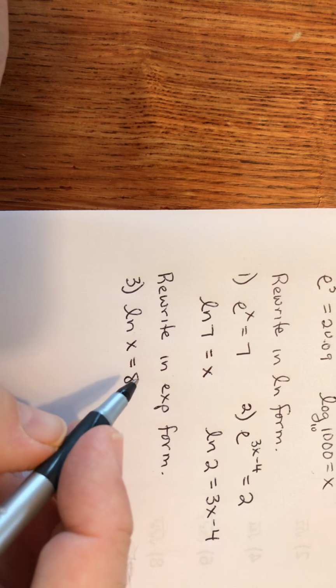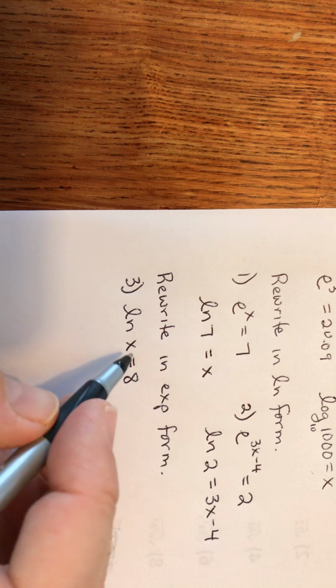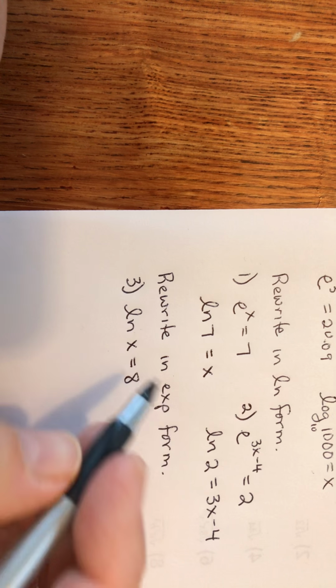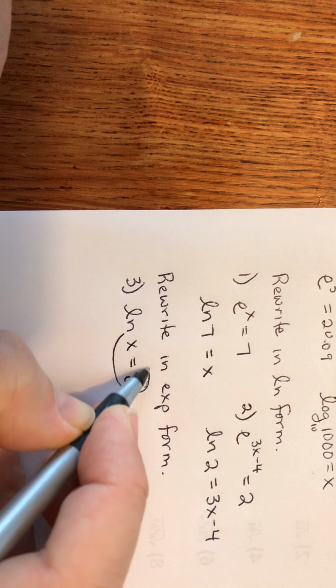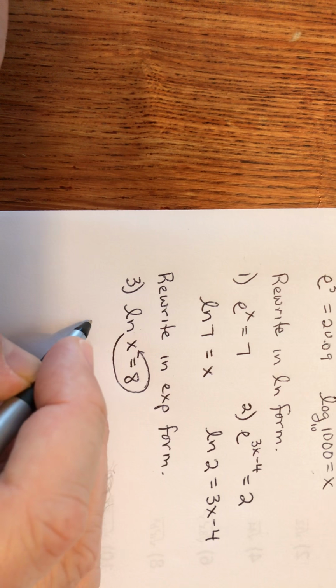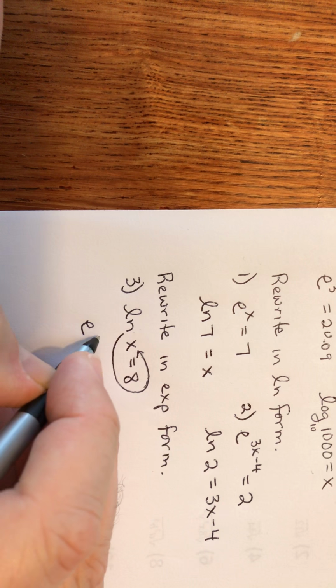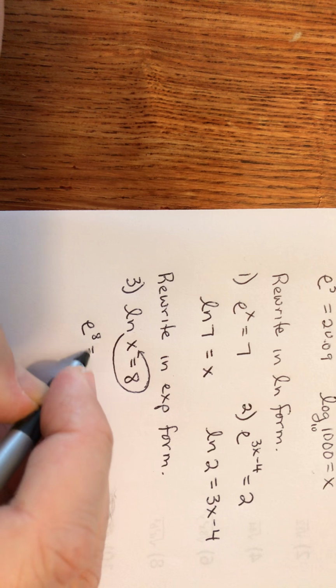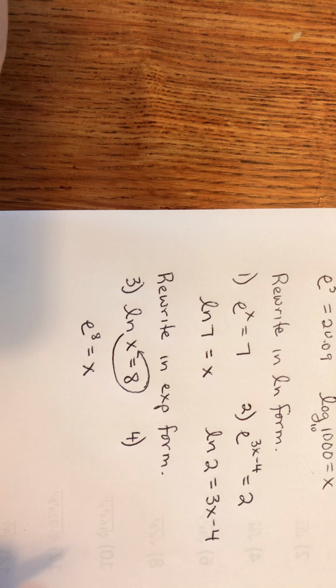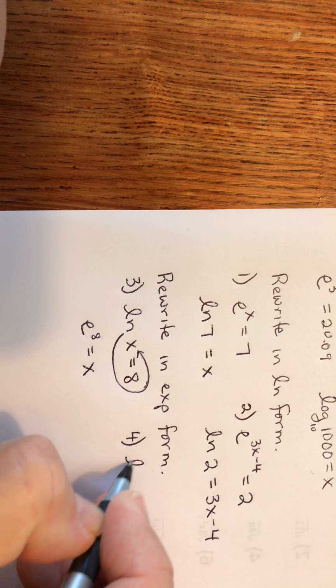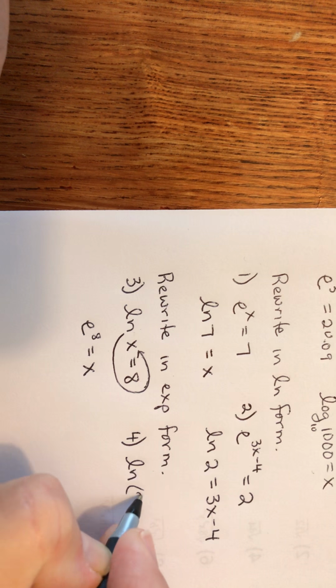And if you remember when we did the first logs worksheet, we went around the world. So we take our base, we go around the world. So this would be e, the base of the natural log, to the power of 8 equals x. And again, we can solve that in a minute. We're not going to solve that now. We're just rewriting in exponential form.